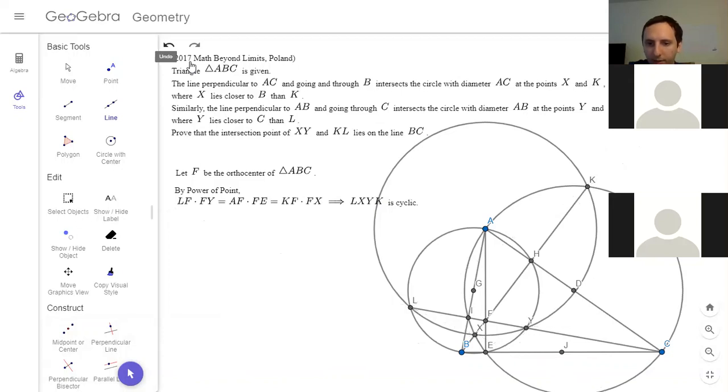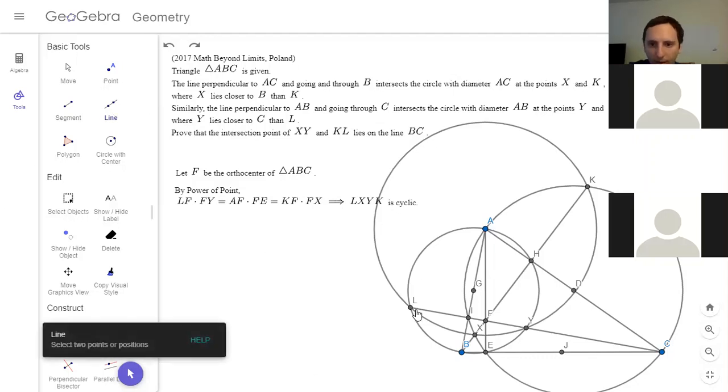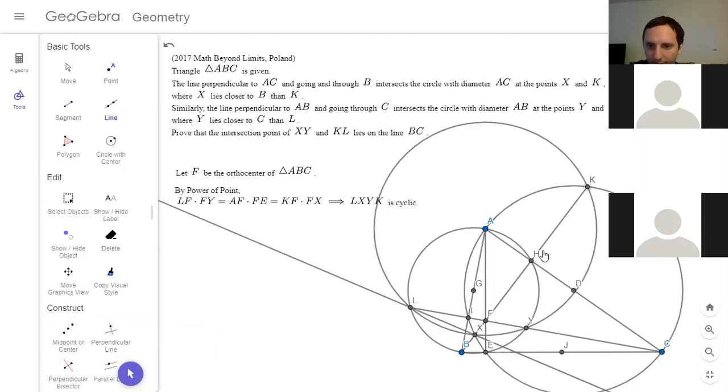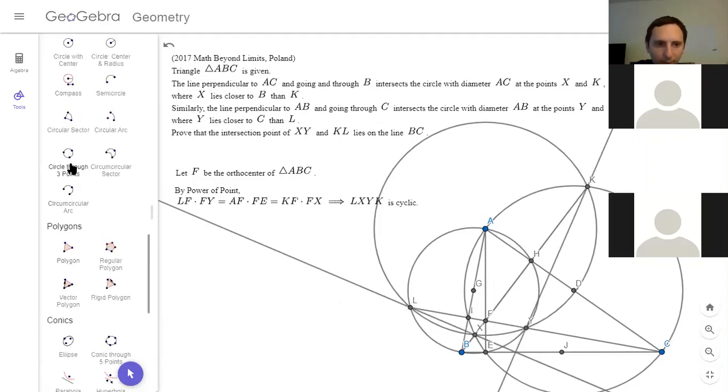So yeah. Let's see. I wonder if X, Y, and KL intersect at the point that's cyclic with, I bet that's true.